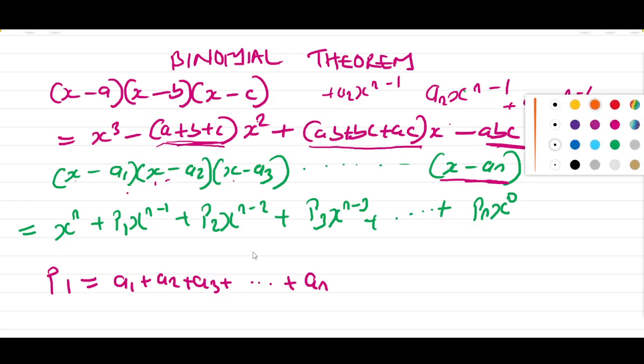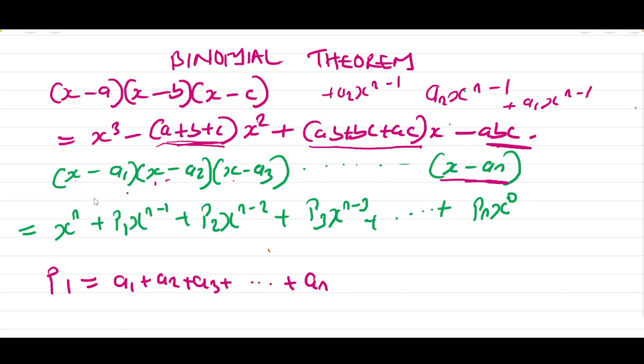Here again, to form p1, we select n minus 1 x's, remaining one bracket, and we multiply them together. Sorry, I should have a plus sign here. The case where it has a minus sign will be considered later. For now, let's just work with the plus sign. So this is what p1 will look like.